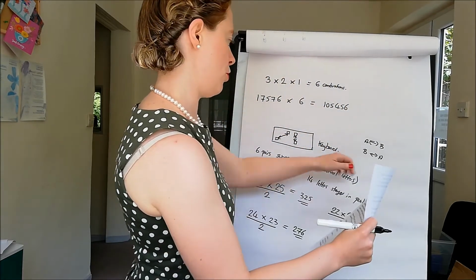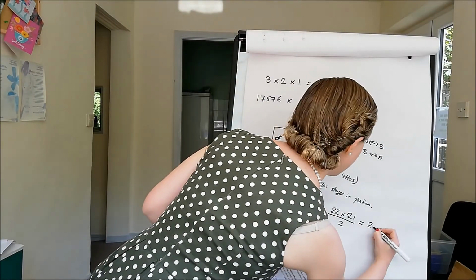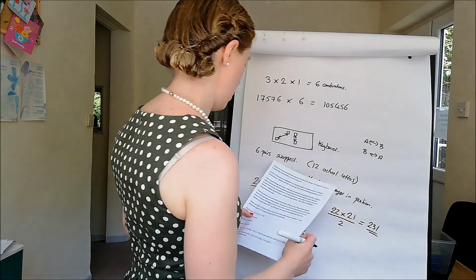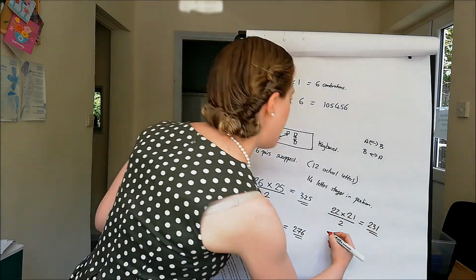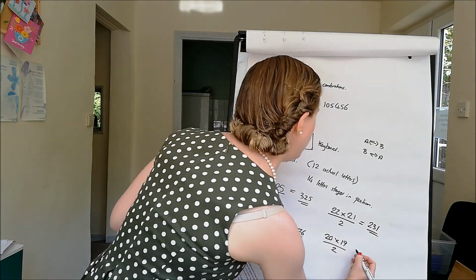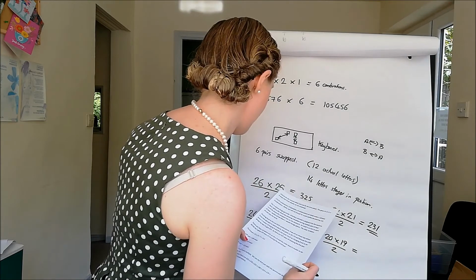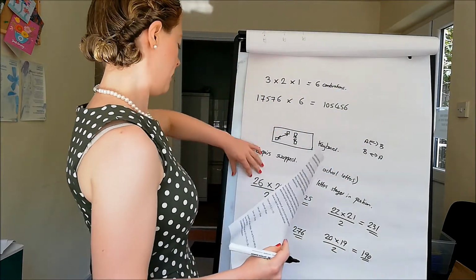And again, it doesn't matter which order you put your pair in, so we divide by 2, which gives us 231 combinations. By the time we've come to choose our fourth pair, there's only 20 letters to choose from and 19 letters to choose from, which again needs to be divided by 2, which gives us 190 ways.